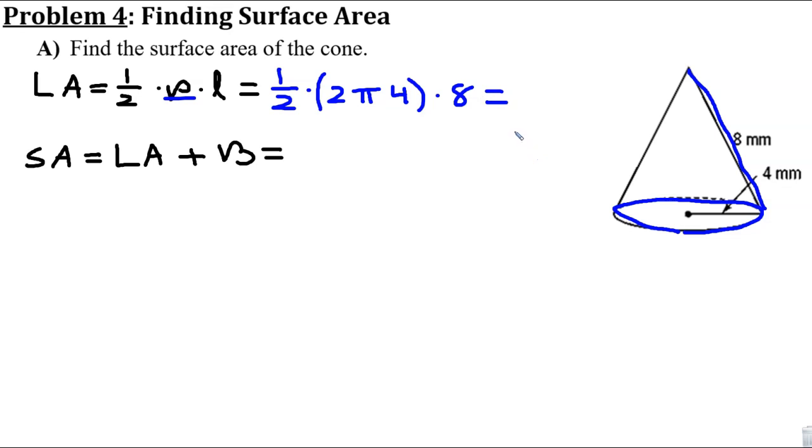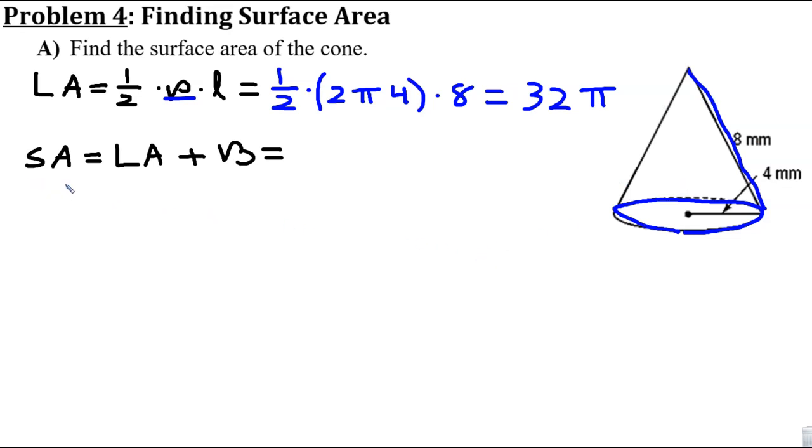And once again, I'm going to leave this calculation in terms of pi, so I'm going to go 1/2 times 2 times 4 times 8, skipping out on the pi. That gives me a 32, so we'll say the lateral area is 32 pi. Okay, that lateral area, that's this curved surface up above the base.